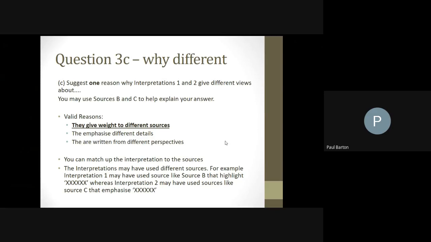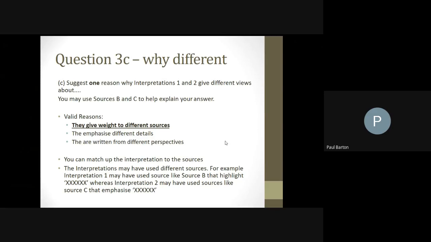Hopefully you can see on the screen that there are a few valid reasons that you can give. There's one that you can see is clearly indicated in bold and underlined. That's the one that is by far the most straightforward to get the marks for, so that's the way I would strongly encourage you to answer this question. And that's the example we've given here, using that particular reason.